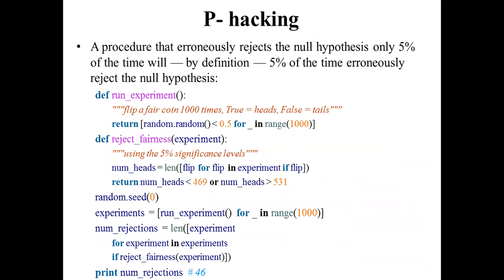The next point is regarding p-hacking. A procedure that erroneously rejects the null hypothesis only 5% of the time will, by definition, erroneously reject the null hypothesis 5% of the time. P-hacking is a procedure where I want to reject the null hypothesis.